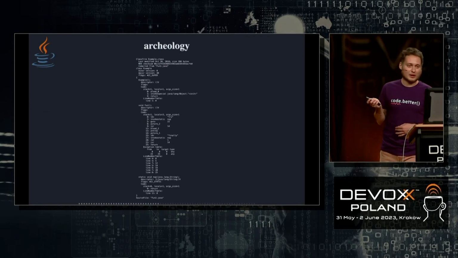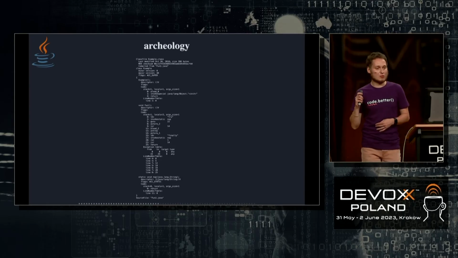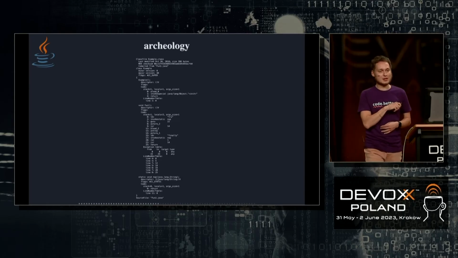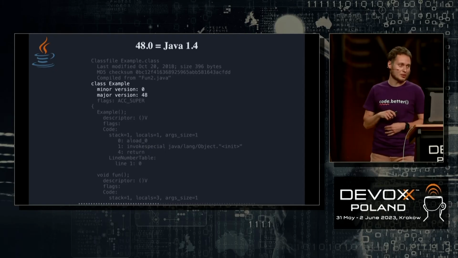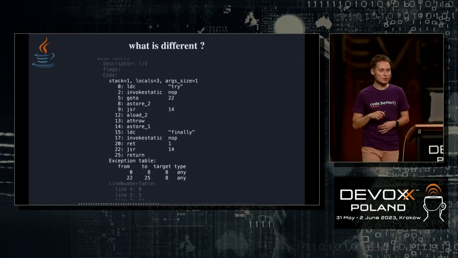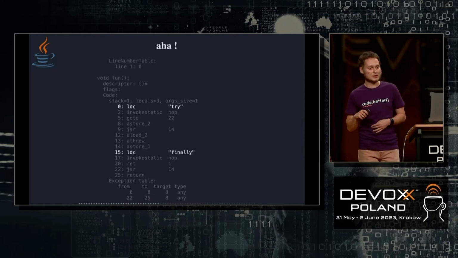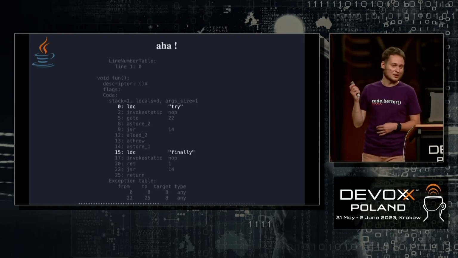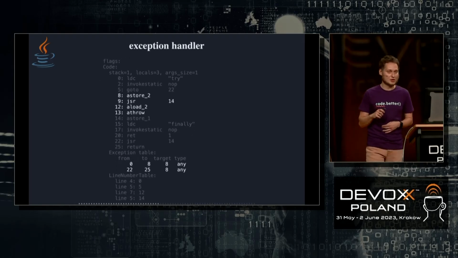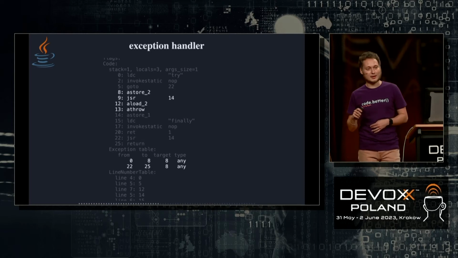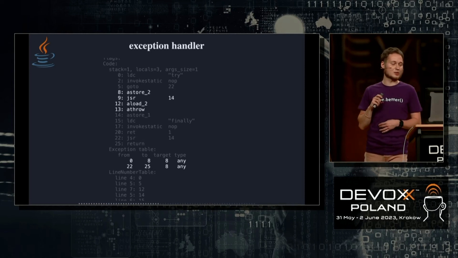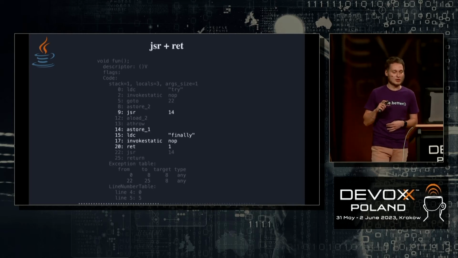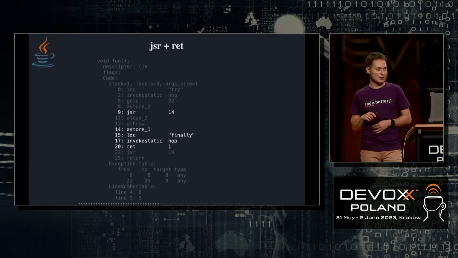A little bit of archaeology. This actually was not implemented like this a long, long time ago in Java 1.4. In Java 1.4, there was a difference. There were indeed just two invocations, because in Java 1.4 the exception handler was possible to implement using the so-called Java subroutine instruction.